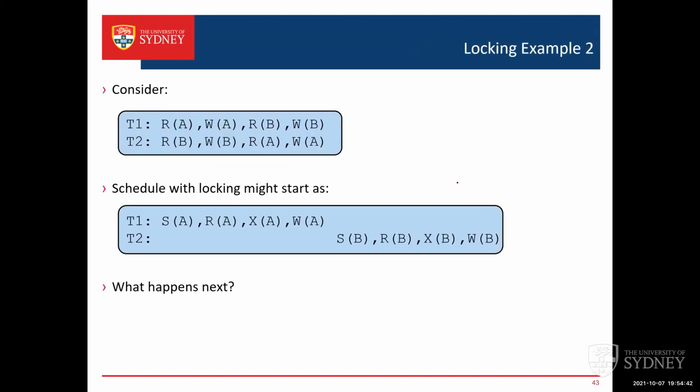Okay. Thinking about this one, can I perform it in this way? I have T1 and T2. So I perform something from T1, something from T2. Is it okay? Or is it wrong?